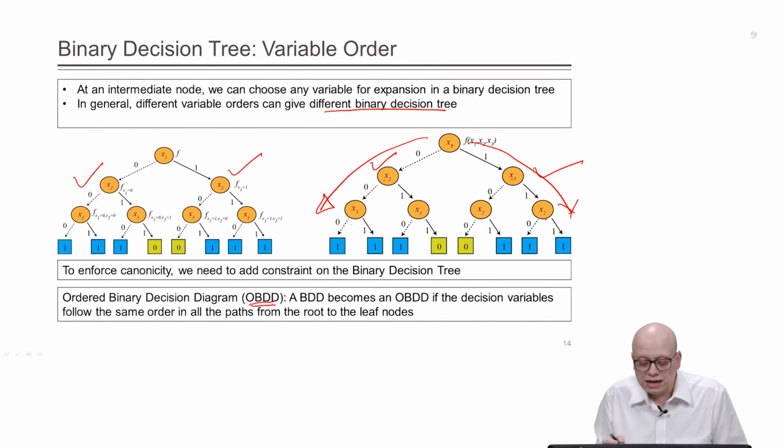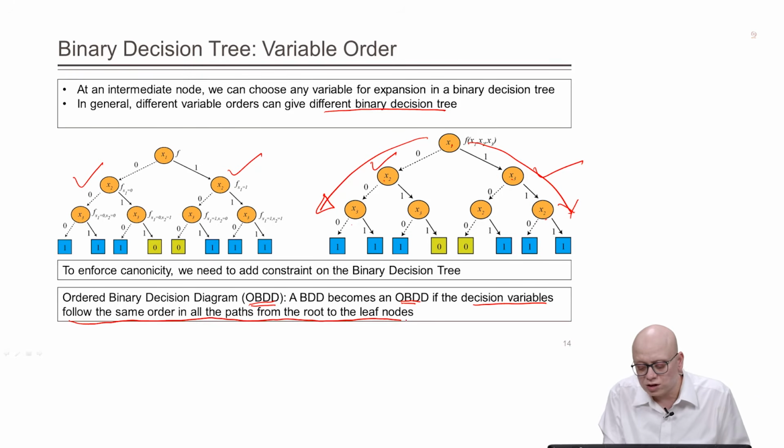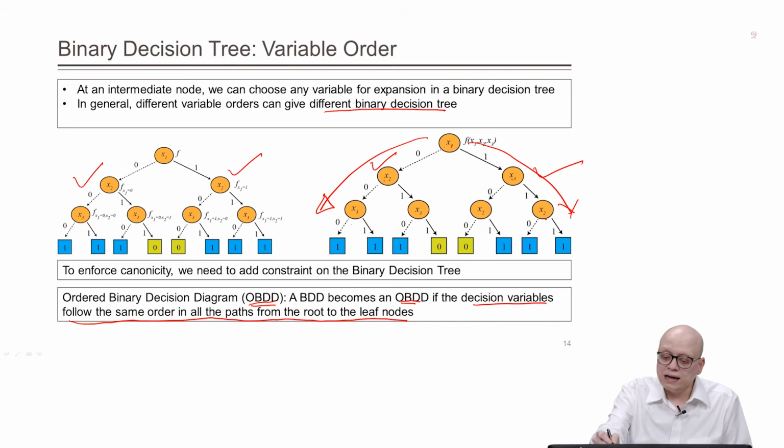What is an OBDD? A binary decision diagram or binary decision tree becomes an OBDD if the decision variables follow the same order in all the paths from the root to the leaf. Meaning, if we enforce the constraint that the order of variables from the root to the leaf is always the same, with this being the root node and these the leaf nodes.